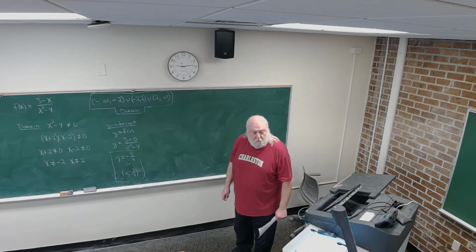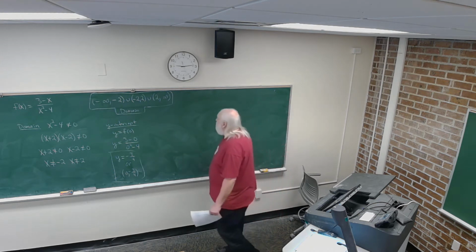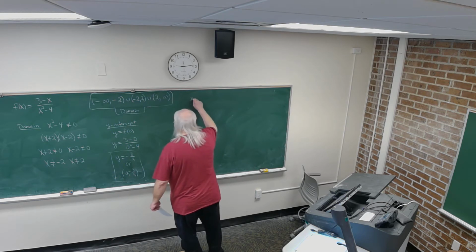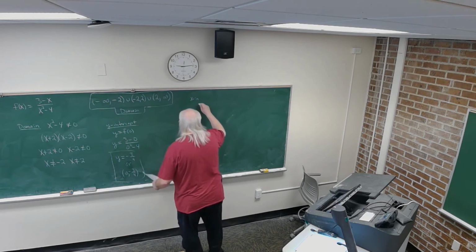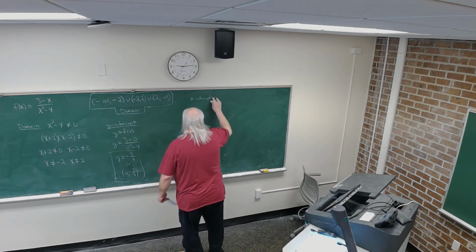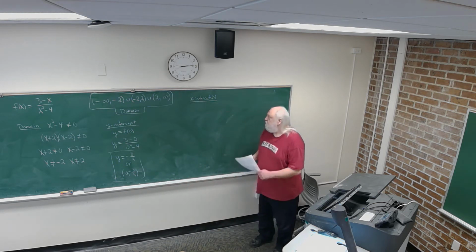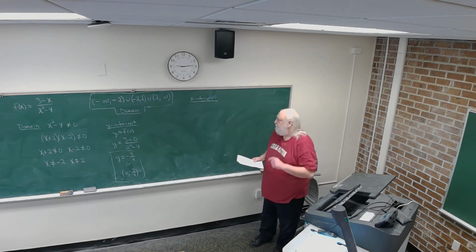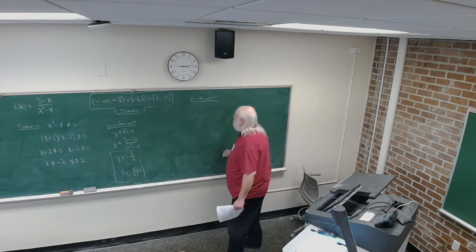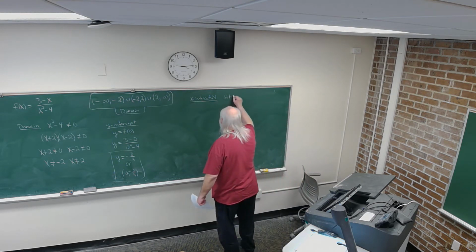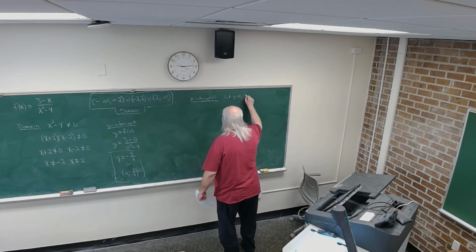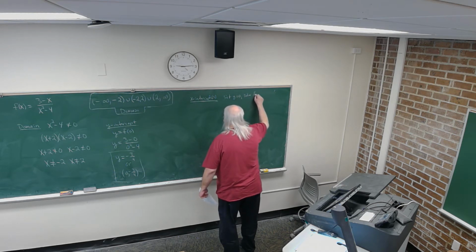Any questions on the y-intercept? To find the x-intercepts, and actually I'm going to put the s in parentheses because there might only be one. So to find the x-intercept or intercepts, you set y equal to 0 and solve for x.